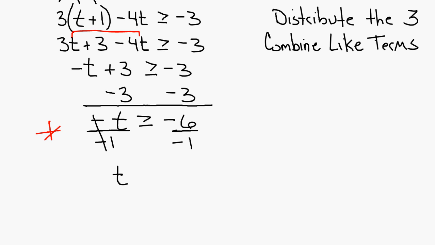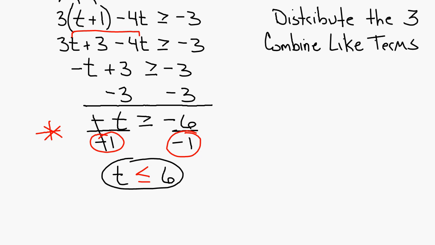So your sign has to change. And negative 6 divided by negative 1 is positive 6. So t is less than or equal to negative 6.